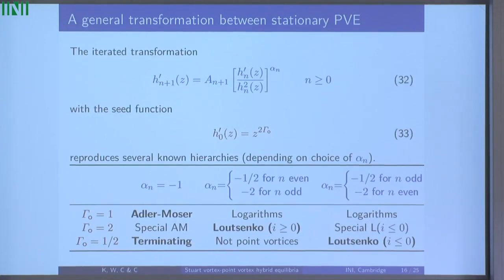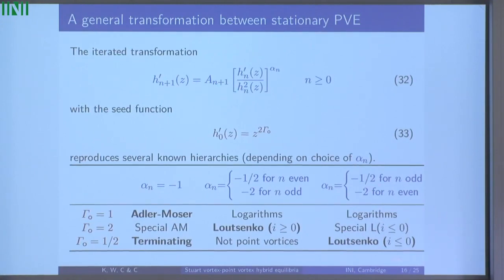I'll come to these others later, but if you pick gamma naught is 2 and you pick alpha n to be minus half for n even, that means you start with minus half. So the first step alpha n is minus half, then it's minus 2, then minus half, minus 2, and so on. Then you end up with one of the Lutsenko hierarchies. Lutsenko has two different hierarchies of polynomials.